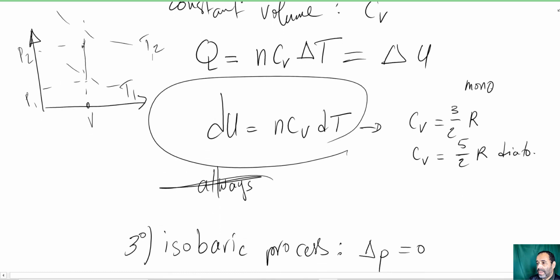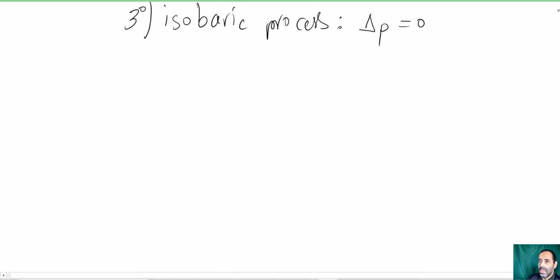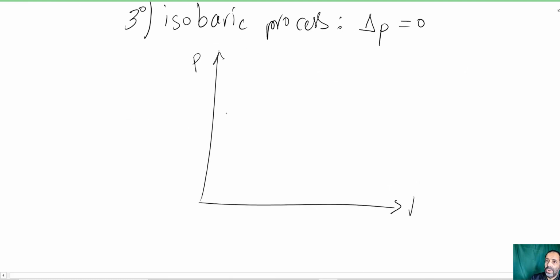Okay, in an isobaric process, just to keep up with the drawings, this is how it would look. This is the volume, this is the pressure. And now we are at constant pressure. For example, we could expand from volume V1 to volume V2. Obviously, the gas is expanding. In this case, it's doing work against the environment. So W is not equal to 0 now. And this is the pressure that is fixed.